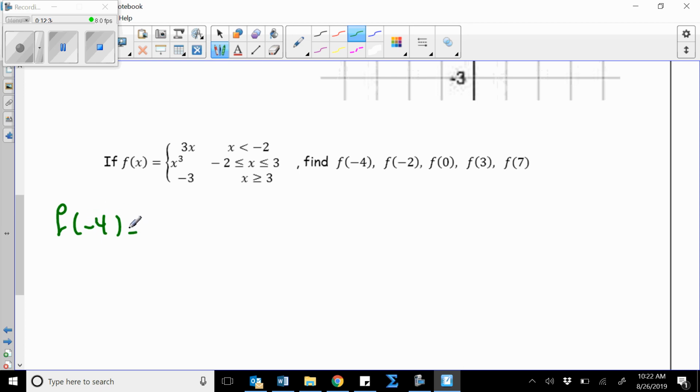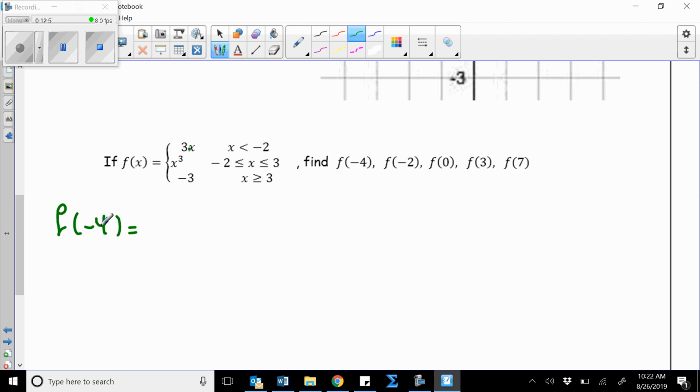So I need to find the value of the function for -4. But my function is a piecewise function. It has 3 different pieces. Which one should I use here? I'm going to use the one that has the same domain as x. I choose the domain that my x fits in.